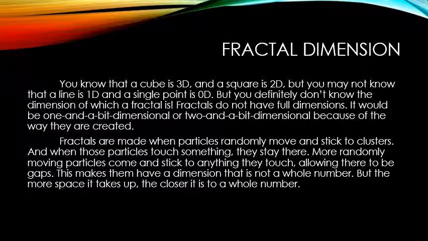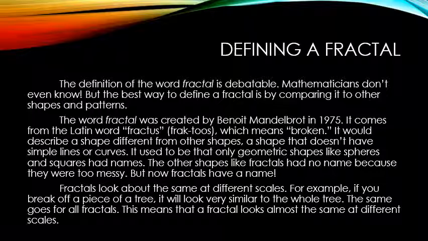Fractals are made when particles randomly move and stick to clusters. And when those particles touch something, they stay there. More randomly moving particles come and stick to anything they touch, allowing there to be gaps. This makes them have a dimension that is not a whole number, but the more space it takes up, the closer it is to a whole number.